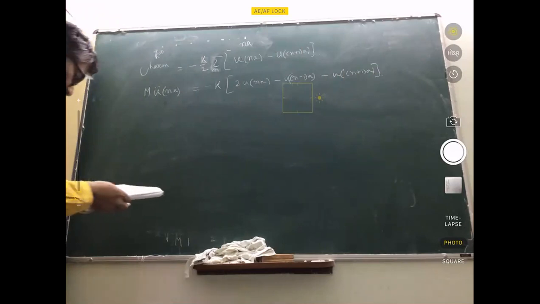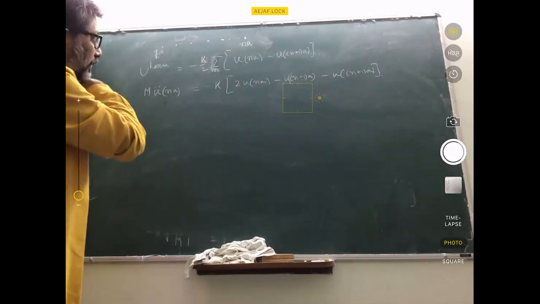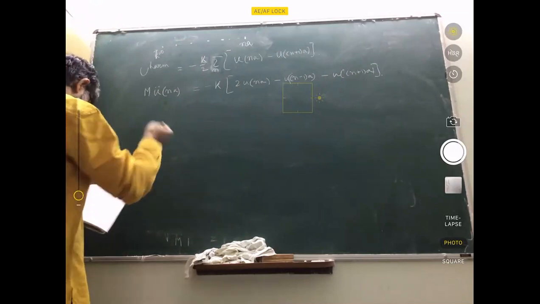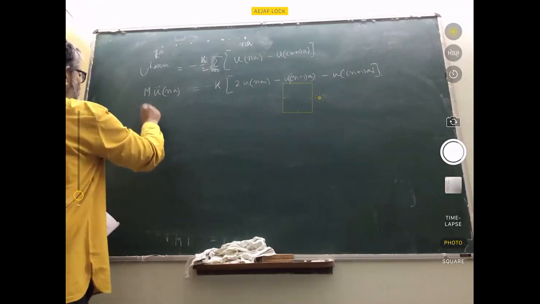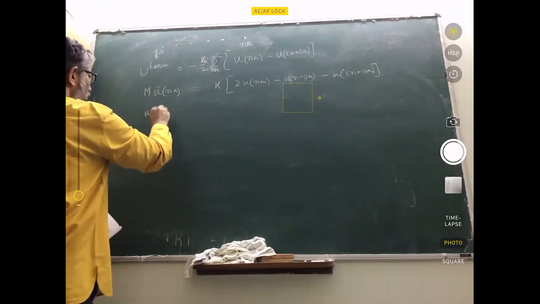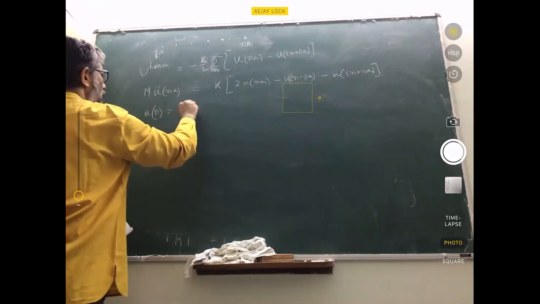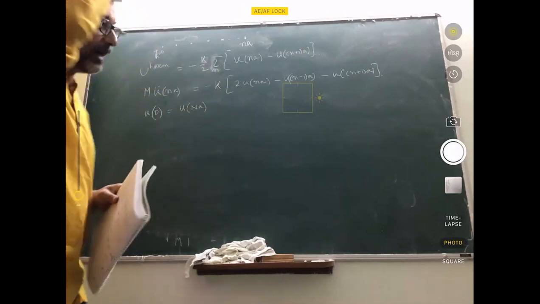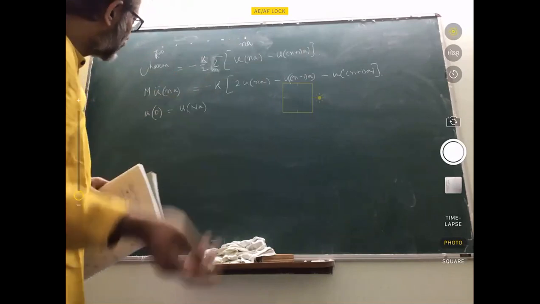Okay, and then what we did was we said we can apply periodic boundary condition because we don't want to deal with end atoms or surfaces. So that was written as U0 as UN. N is the total number of atoms or total number of primitive cells in my crystal.